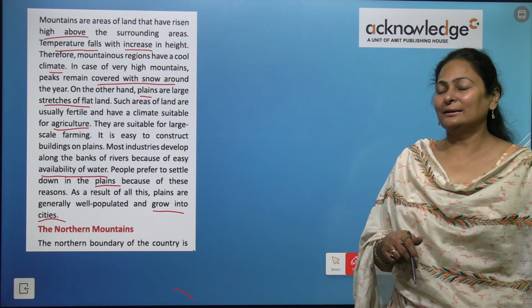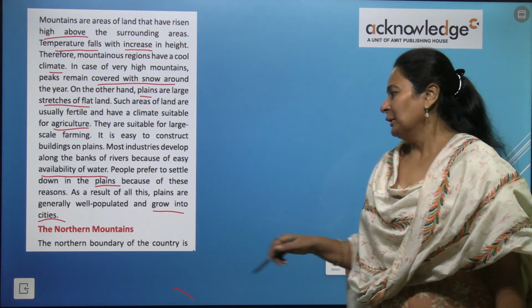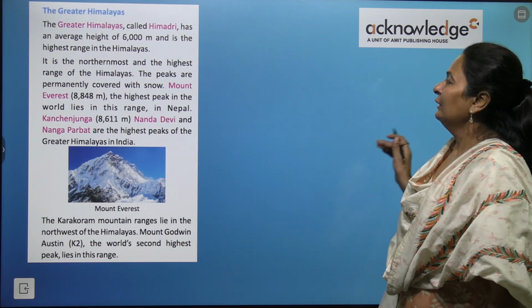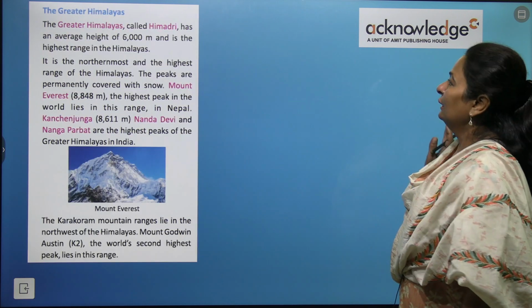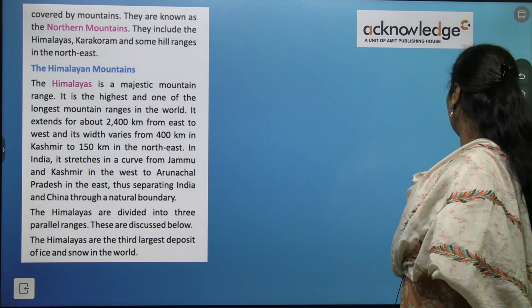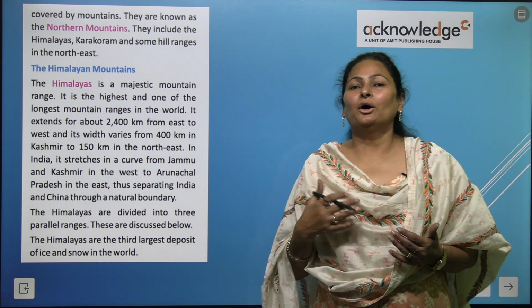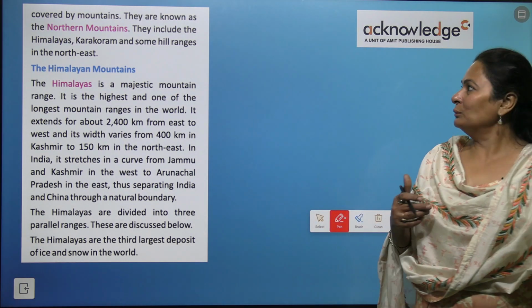So let's start. The northern mountains, we have already learned the northern mountains. The northern boundary of our country, or you can say the northern border, is covered with mountains.